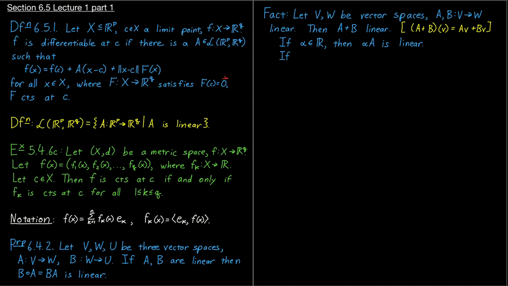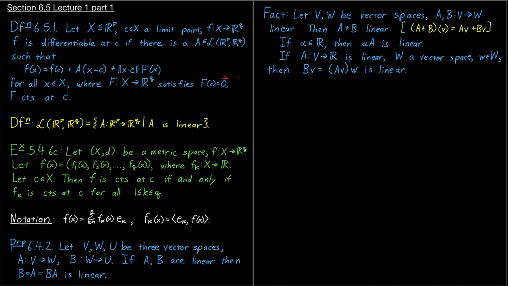And finally, if A going from V to the real numbers is linear, W is a vector space, and we pick a vector in W, then the function, let's say BV, that's AV times W, where AV now is a real number, is linear.